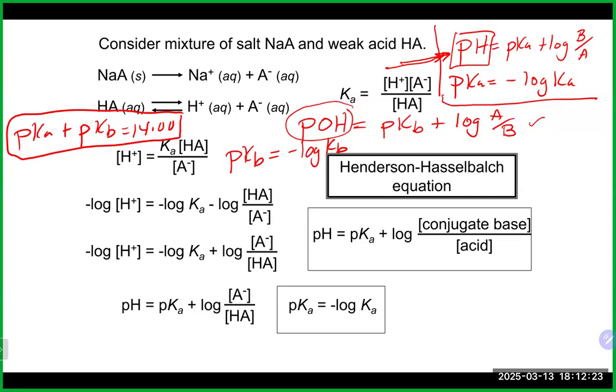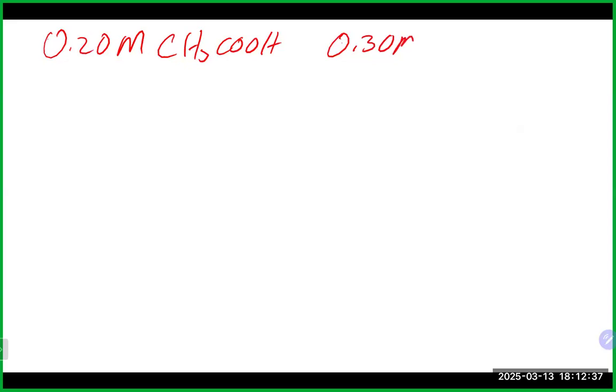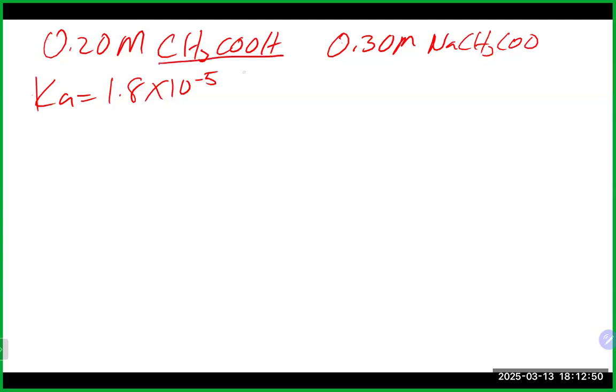Question on that there. So if you have the problem like we did a second ago, where we had 0.2 molar acetic acid, and we threw in there some 0.3 molar sodium acetate, and we had a Ka value of 1.8 times 10 to the minus 5. The first thing that you would want to recognize, hopefully, is that is a weak acid, and this really is its conjugate base.